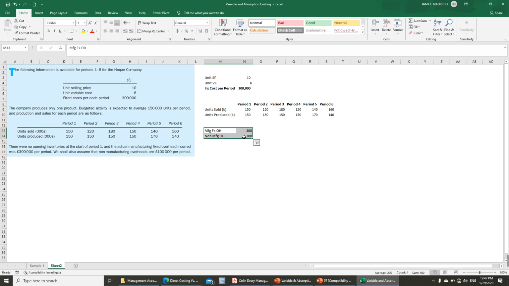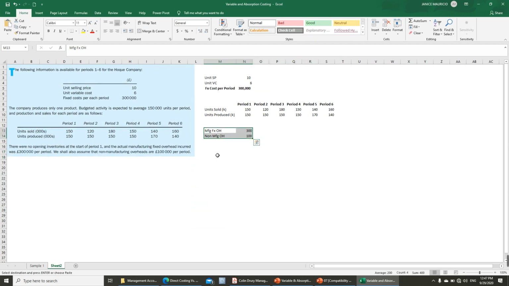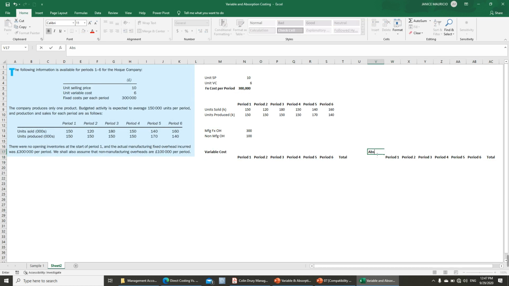So let's try to compute for the net income for the different periods. So I will just copy here variable cost so that we don't need to retype. So variable cost, and then let's do the same for the absorption cost.